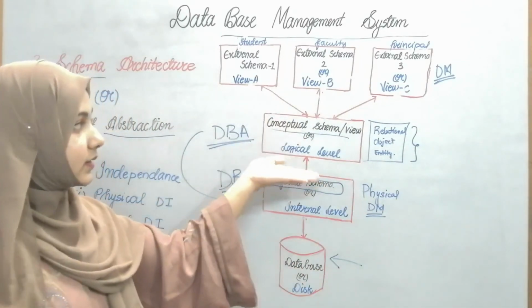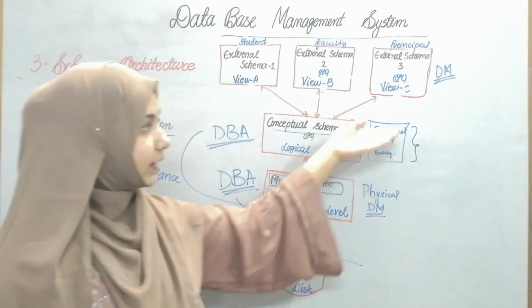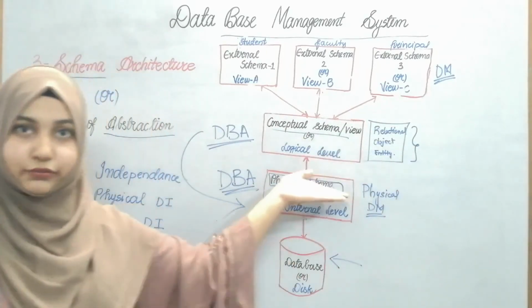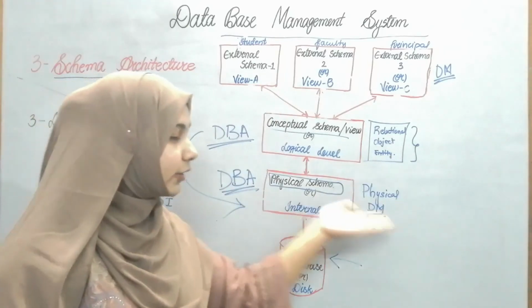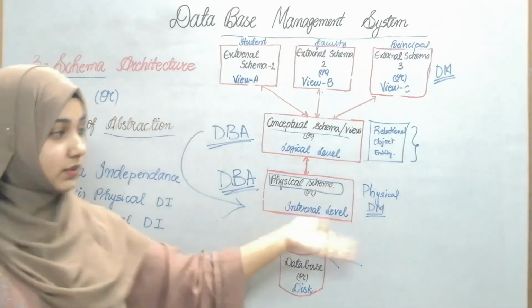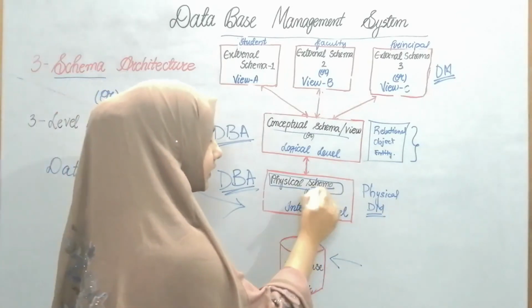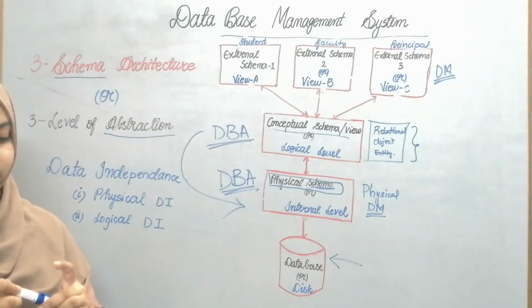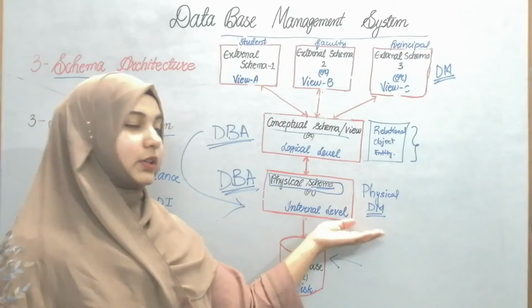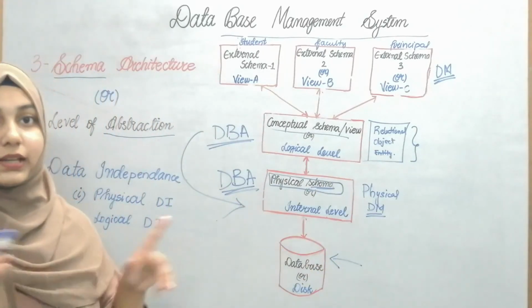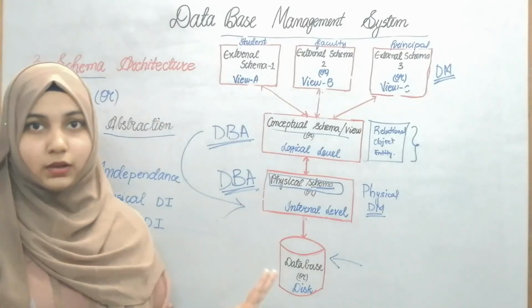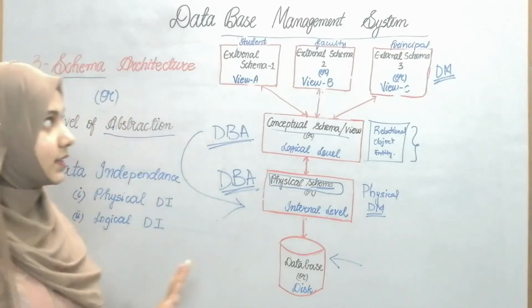The conceptual schema or the logical level will be defined using different data models in a different way. Next is the physical schema or the internal level. Here we'll have some different models to structure. Schema is nothing but structure, I told you, right? So different data models will be used to structure this internal level, to make a design at this internal level. Okay, clear? So that's it about this topic.